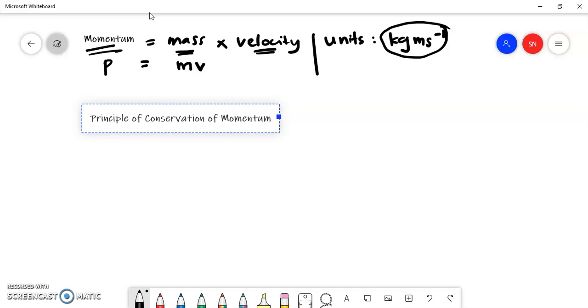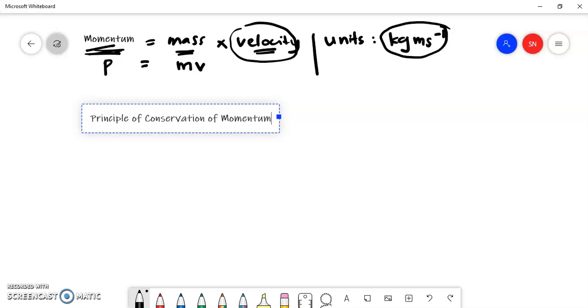Now for momentum, it's very simple. Objects which are moving have momentum. Objects which are stationary do not have momentum. So velocity is important because if the velocity becomes 0, then the momentum will also be 0.